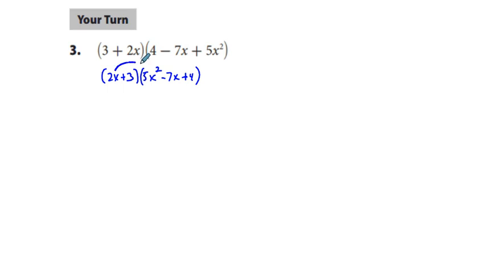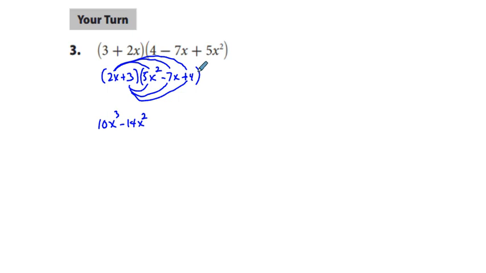So this 2x is going to be multiplied by this 5x squared, by this negative 7x, and this 4. And on the bottom, this 3 is going to be multiplied by this 5x squared, by this negative 7x, and by this 4. And writing this out, 2x times 5x squared is going to be 10x cubed. And then we have 2x times negative 7x, which is negative 14x squared.